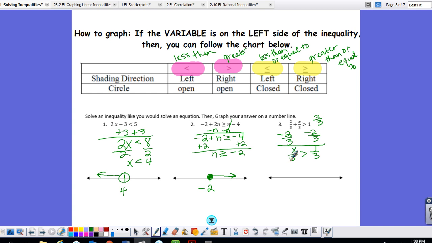And then the opposite operation here to isolate x would be to multiply by 3. So multiply both sides by 3. On the left, it cancels. You're left with x is greater than. And then on the right, it actually cancels too because 1/3 times 3 is just 1. So x is greater than 1. We're going to have an open circle at 1 and shade everything to the right.